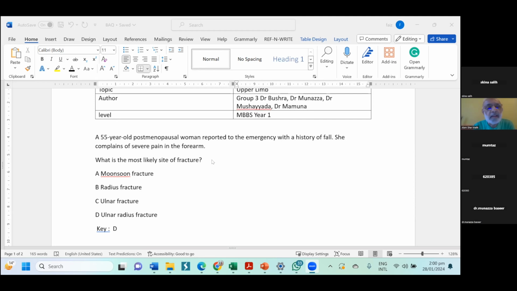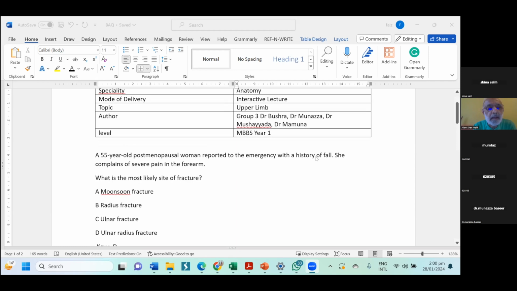Okay. The comments, please. Do you think there is enough information in the scenario to find the most likely site of fracture? I don't think there is enough information.